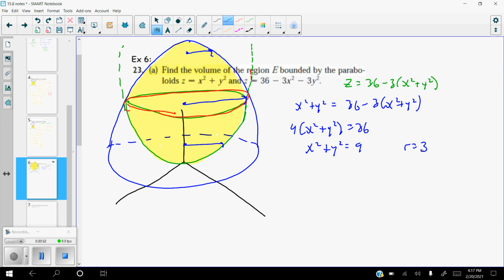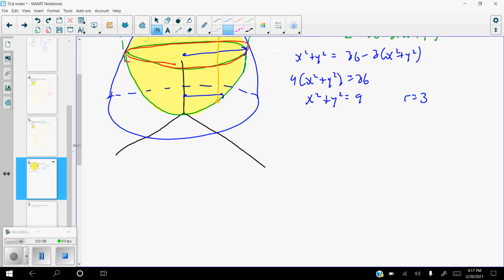And z itself is going to go from this bottom paraboloid up to the top paraboloid. So we just need to make sure that they're both in terms of polar. All right, so let's set up our triple integral. Again, we know theta will go from 0 to 2 pi.